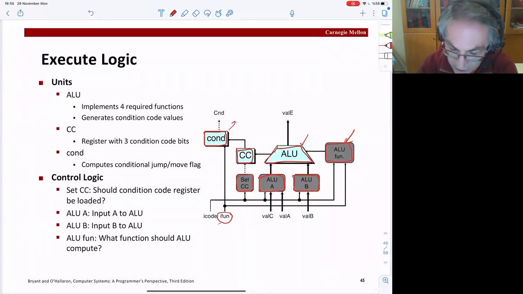In that case, you look at the IFUN, which tells you the condition, and then you also look at the CC values. And with these two, then you can generate this one-bit number, which is called the condition, which tells you whether it's satisfied or not.